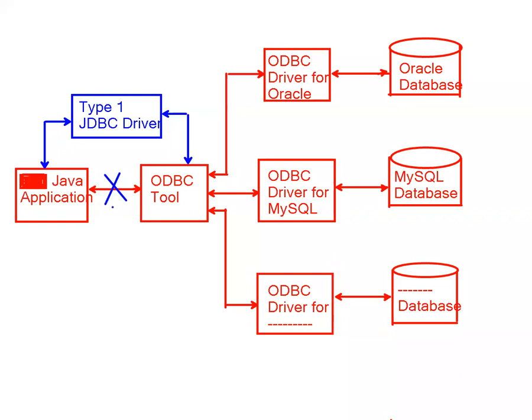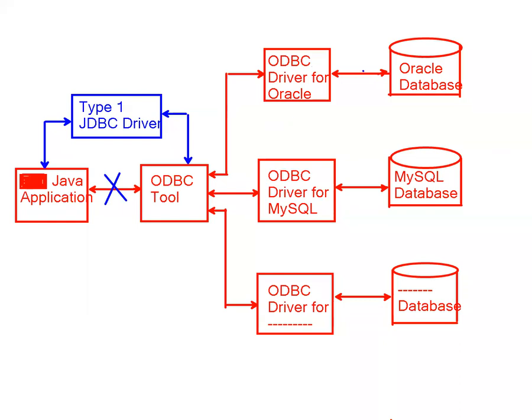To solve this problem, the type 1 driver came. Whatever instruction the Java application passes is converted into an ODBC-understandable format. The type 1 driver's functionality is that it converts Java calls into ODBC calls. Then ODBC can understand.